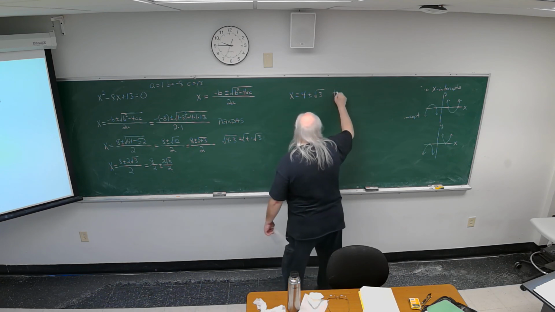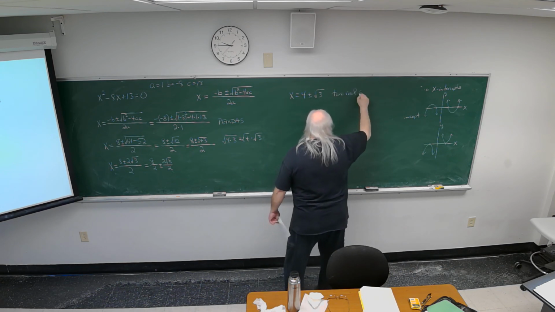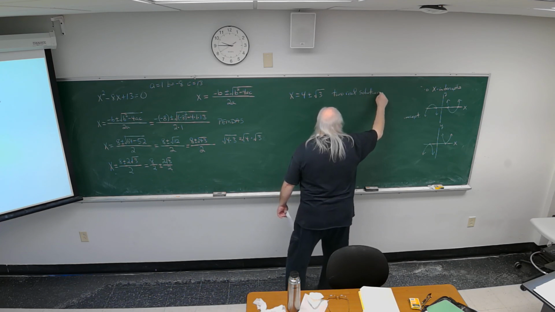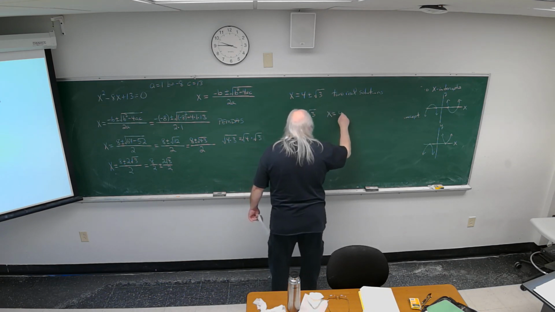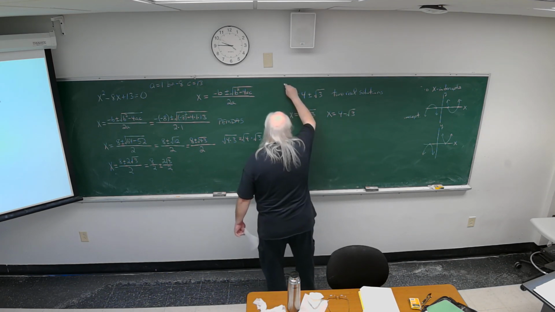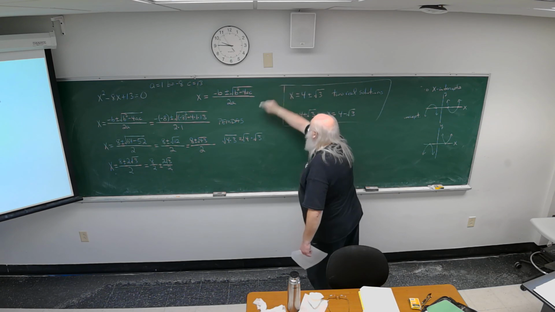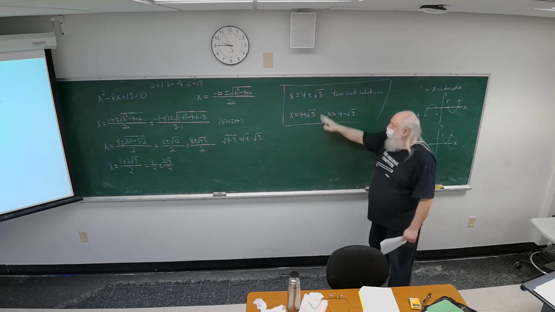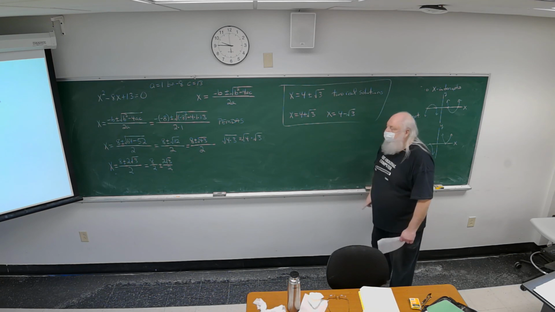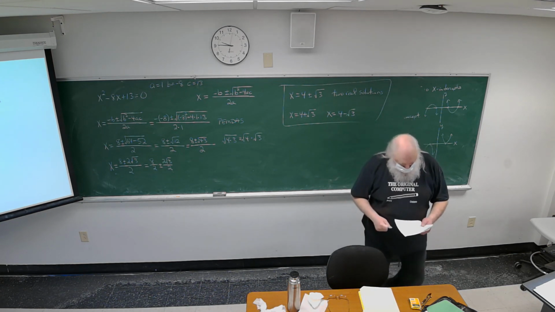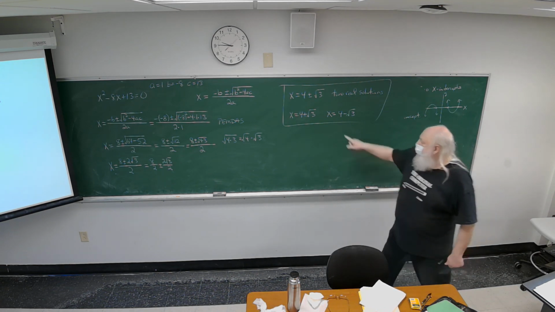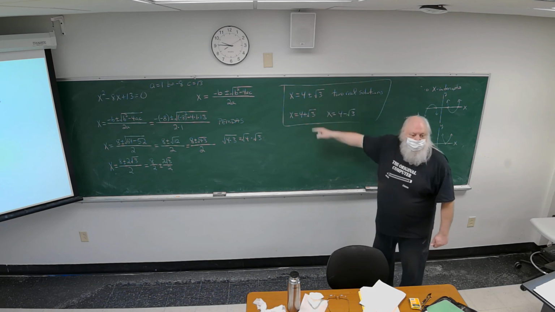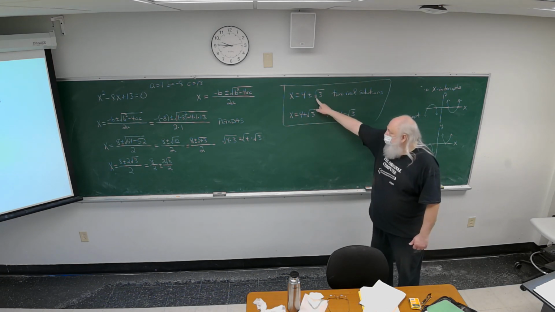So there are 2 real solutions, so there are 2 x-intercepts. The first one is x equals 4 plus the square root of 3, and the second one is 4 minus the square root of 3. Use the plus sign and the minus sign separately. You don't have to write them both out, you can stop right here, but I wanted to emphasize there are 2 solutions.